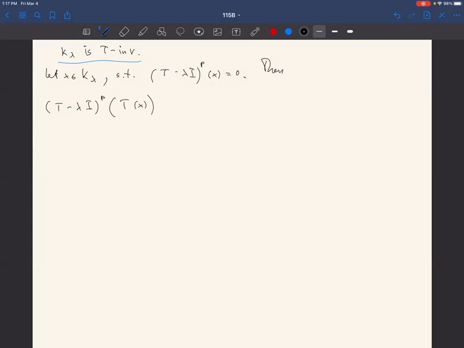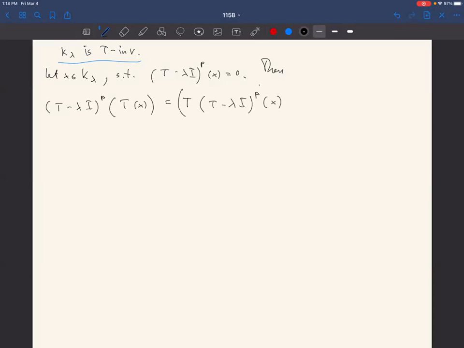This is the same as composing with T. And moreover, the order doesn't matter because T commutes with this operator. So we can write this as T composed with (T minus lambda I) to the power p evaluated on x.